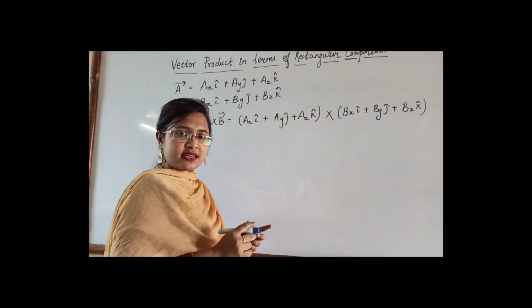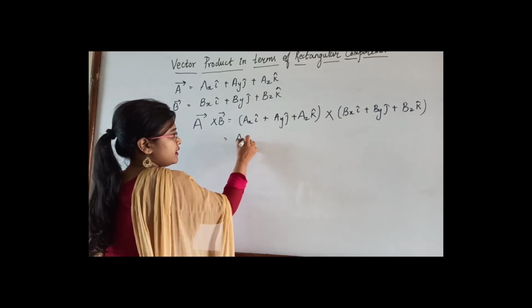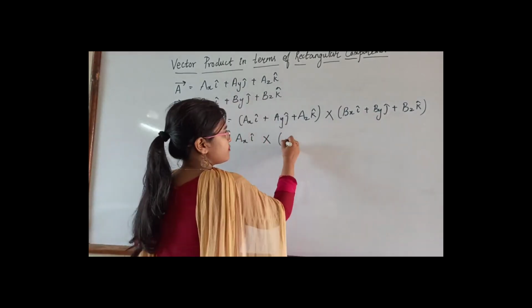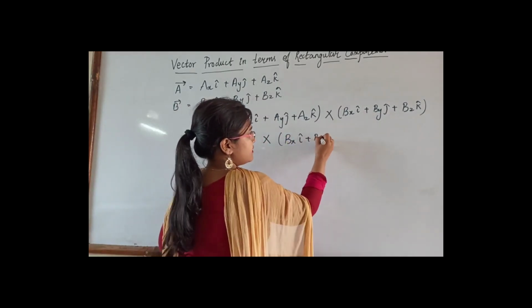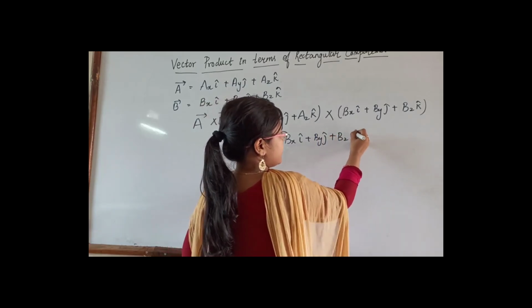Clear? Let us start doing it one by one. Now Ax I cap cross this bracket, Bx I cap plus By J cap plus Bz K cap.